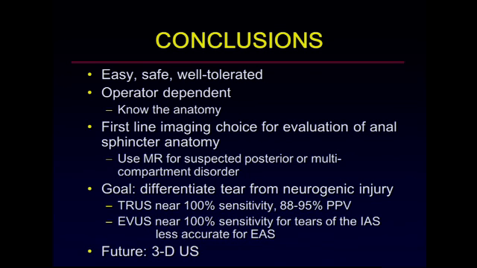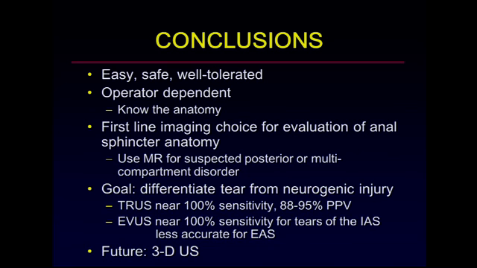So in conclusion, transrectal ultrasound is easy, it's safe, it's well tolerated, but it is operator dependent, and you need to know the anatomy in order to interpret your images. I think it ought to be the first-line imaging modality of choice for evaluation of anal sphincter anatomy, and it is extremely accurate in differentiating a true tear from neurogenic injury.